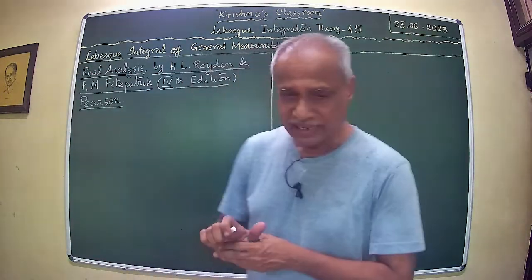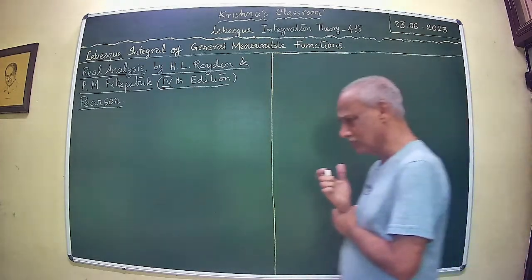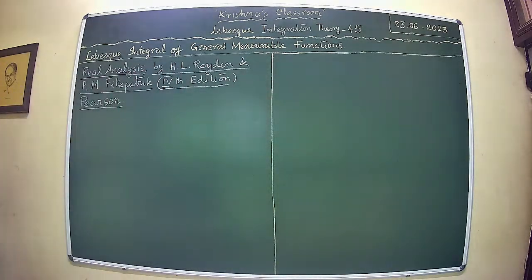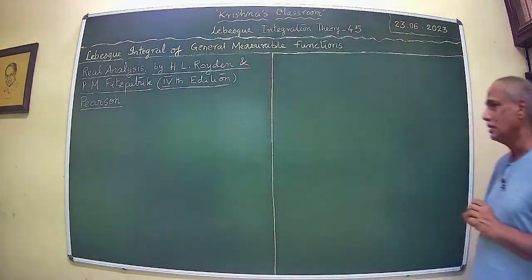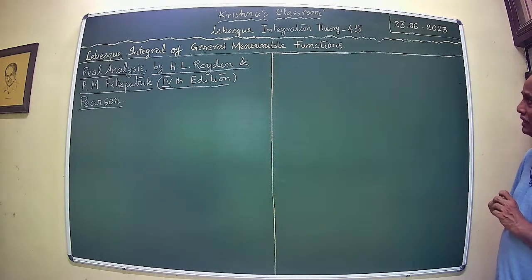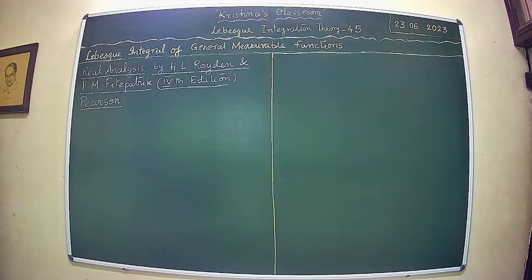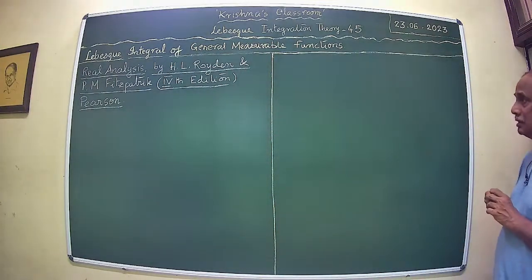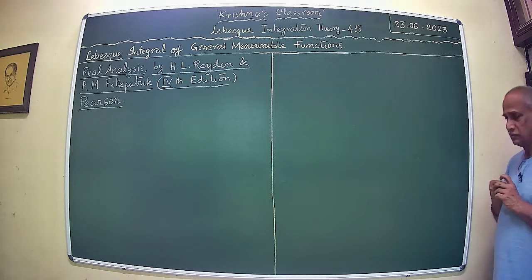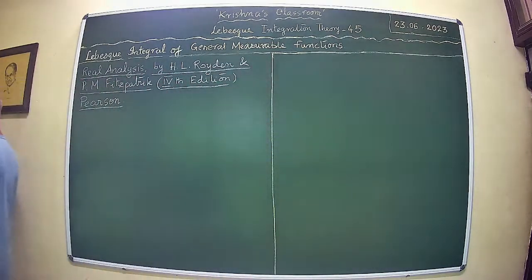So there are some obvious results related to this, because you know that in Riemann integration we work with bounded functions on bounded intervals. Whereas in the Lebesgue theory, we go farther and talk about more general functions, maybe extended real valued functions, defined possibly on what are called measurable sets.